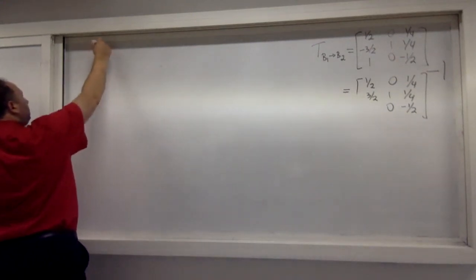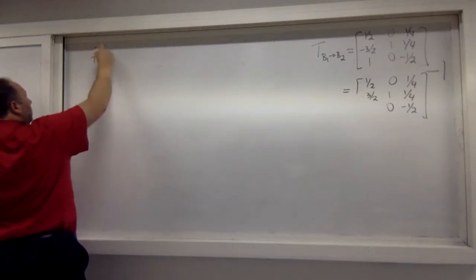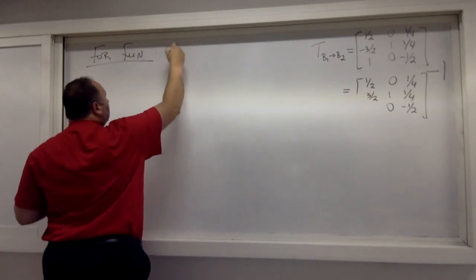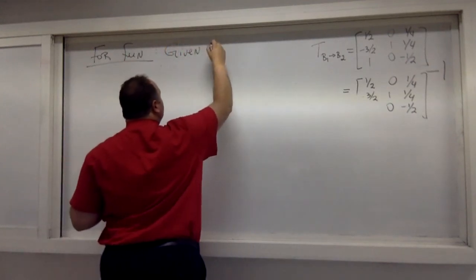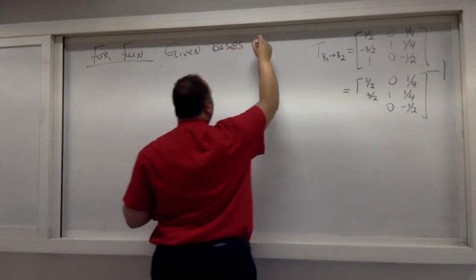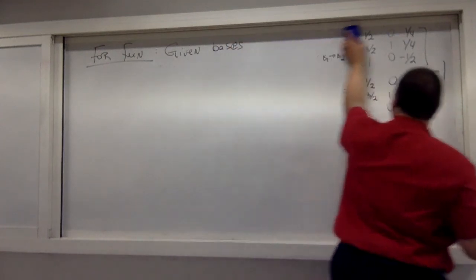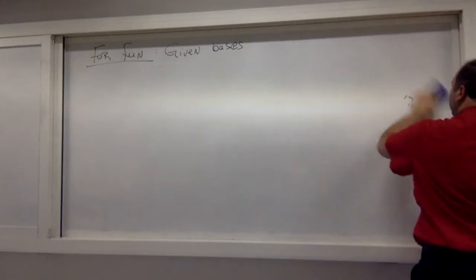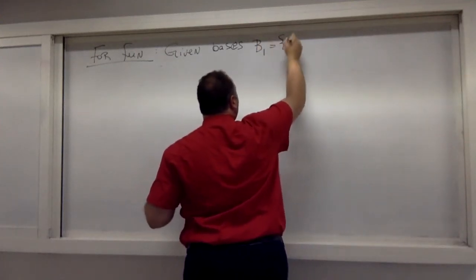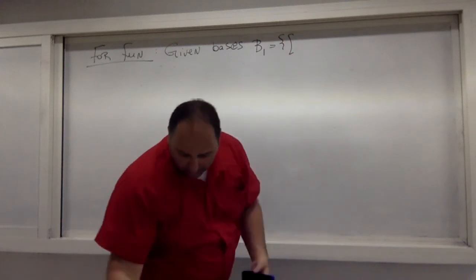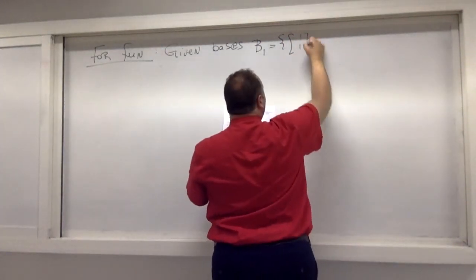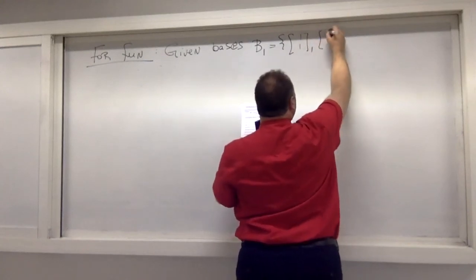So, for fun, it's all given bases B1, B2, B3 of R2. So what's B1? Oh, none of them is cute. So this will make you compute.